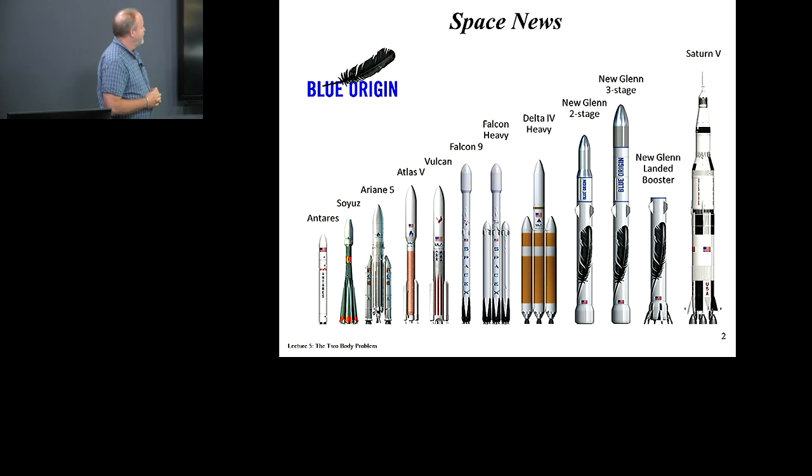Blue Origin is now proposing this new Glenn booster, which is not quite as big as the Saturn V, but it's getting there. Probably more important to Blue Origin is that they now have a bigger rocket than the Falcon 9 at SpaceX. It'll be interesting to see how these ventures move forward.